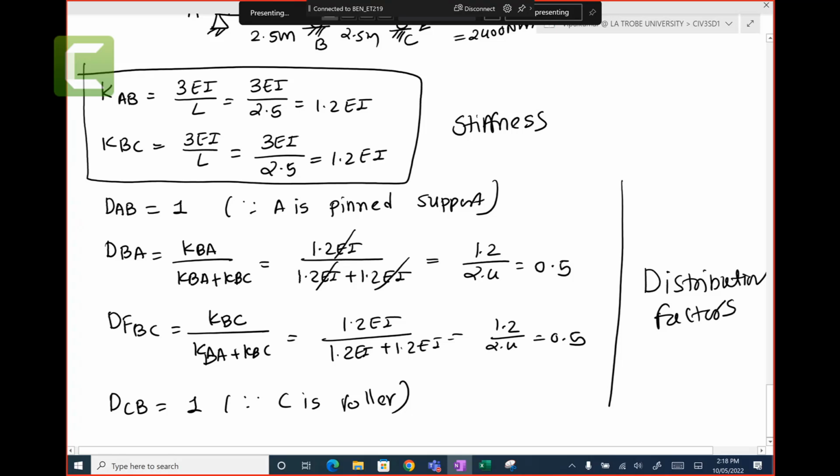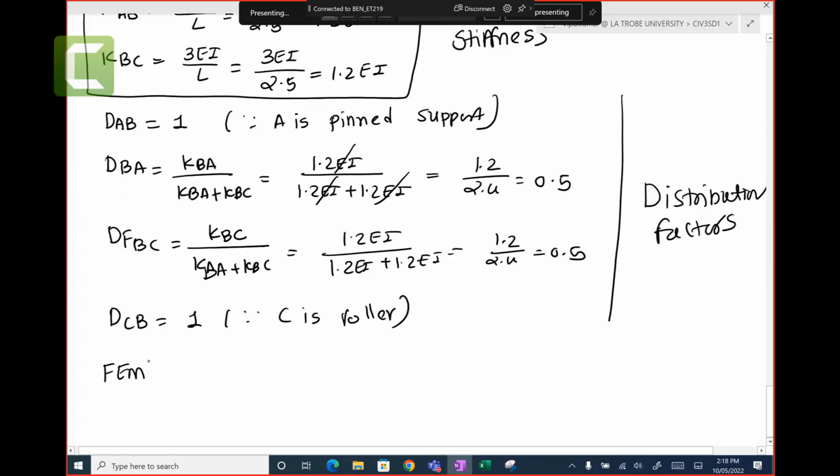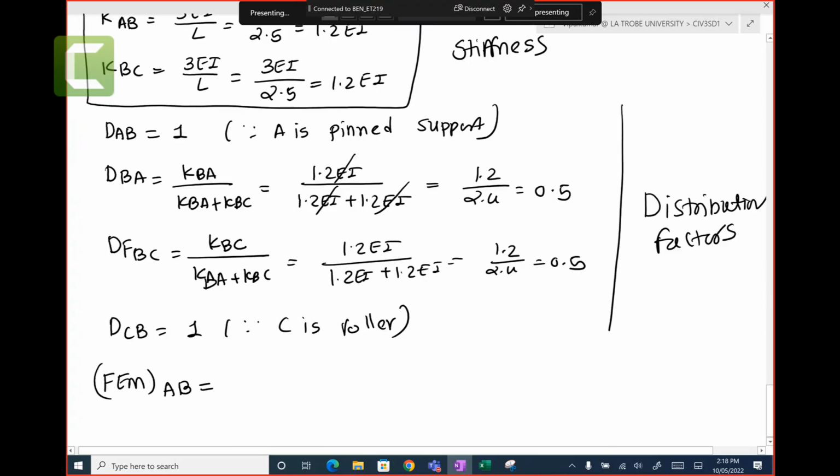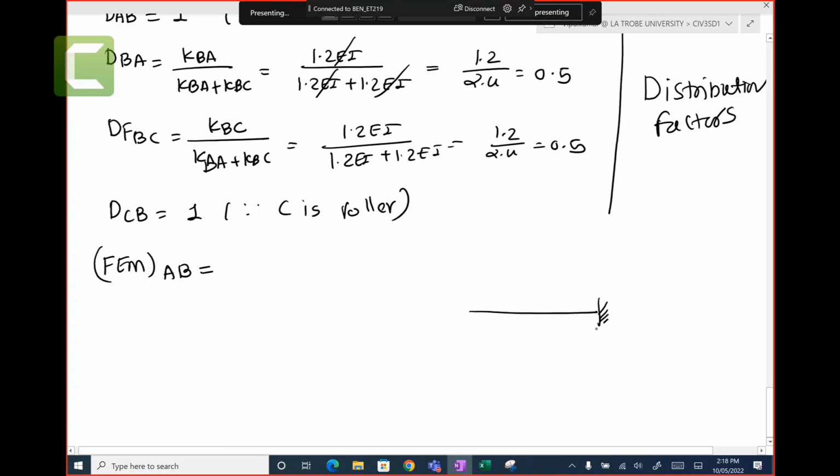Once the distribution factor done, we have a tables to use the fixed end moments. Fixed end moments of AB equal to, I think internal supports are fixed. So we have a internal support fixed. This one is spin. And that is A, B. And then we have fixed end moments of BA.